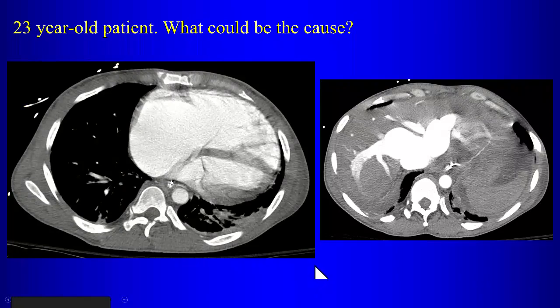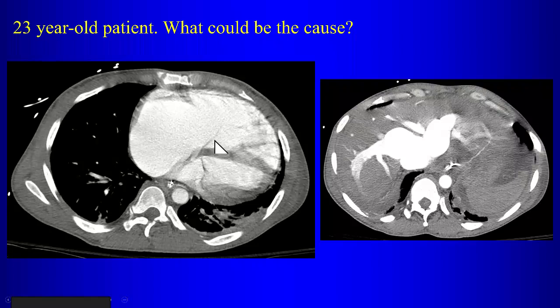So why isn't this Epstein's? So what do you look at to make the diagnosis of Epstein's? It's like ventricular displacement of a particular part of the tricuspid. Which one? It's like the septal. The septal leaflet.